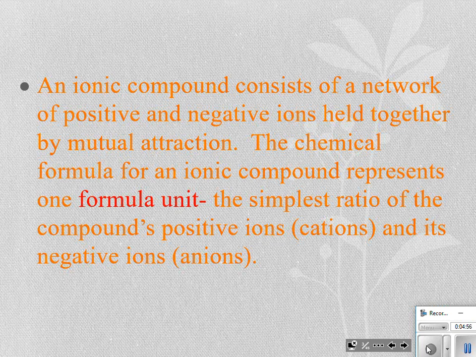And we know that when we're talking about metals and nonmetals, we're talking about cations and anions, and we're dealing with charges, mutual attractions between opposite charges. So the positive cations and the negative anions are attracted to each other.